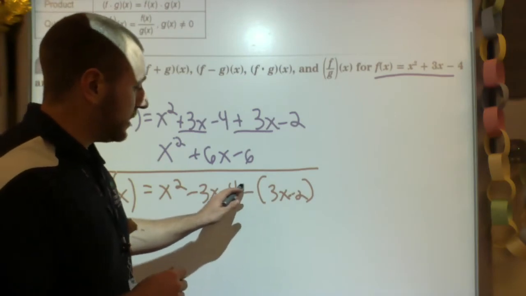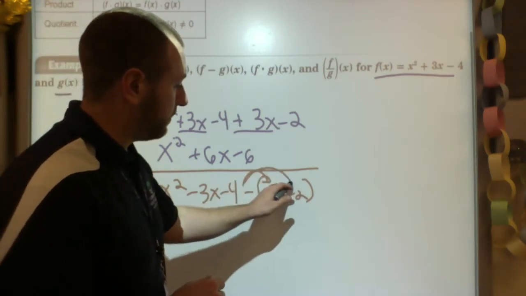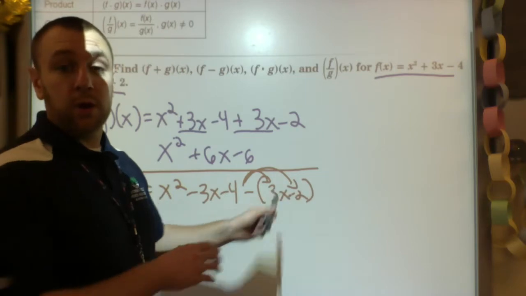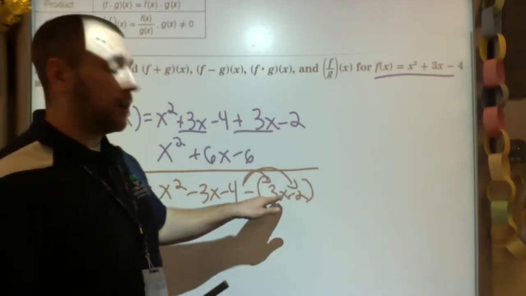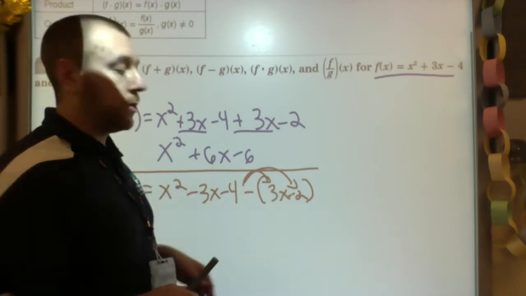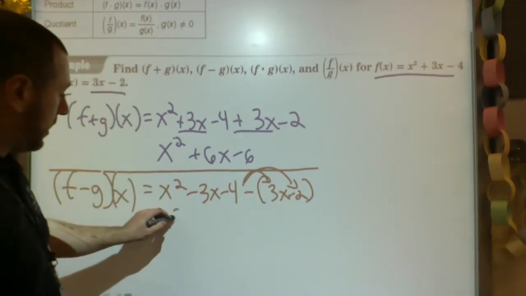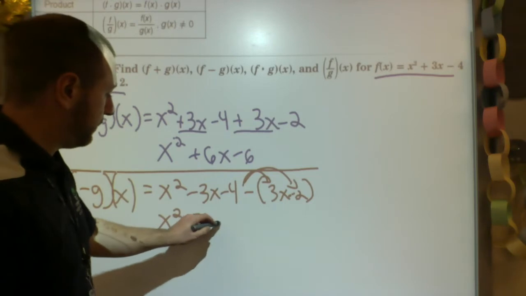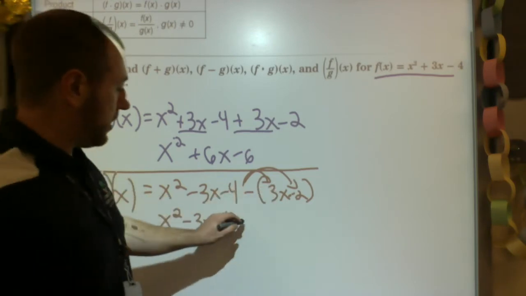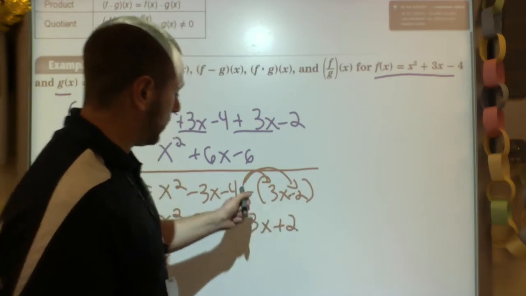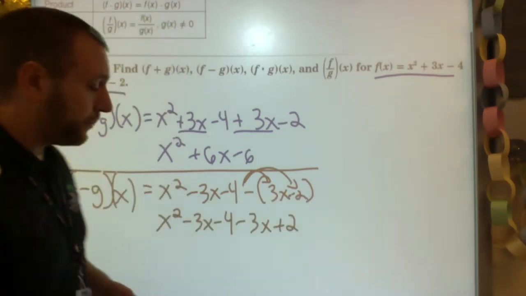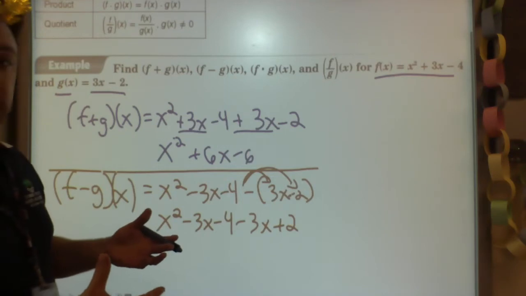This minus gets distributed to all the things in the g function. The minus just means I'm going to change the signs of both of those. So the f function stays the same, and it's now going to be a negative 3x, and now it's going to be a plus 2, because negative negative makes a positive.